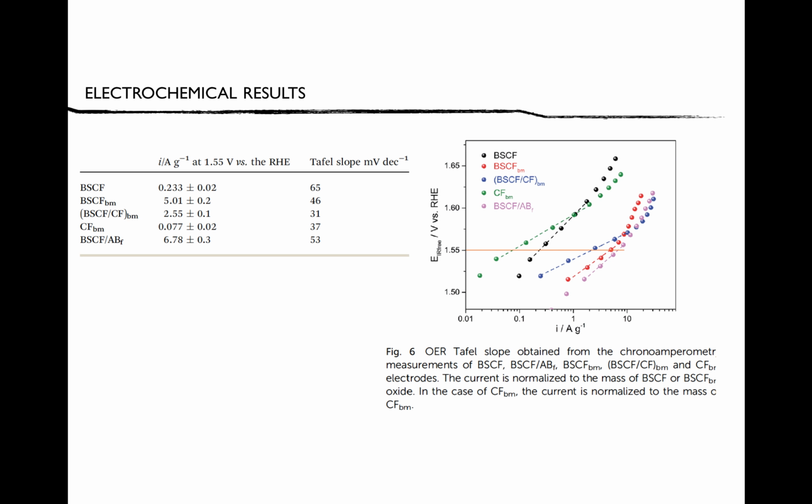This must be something else. What they're suggesting is that there must have been a change in the surface such that it has favored the OER and led to this improvement.